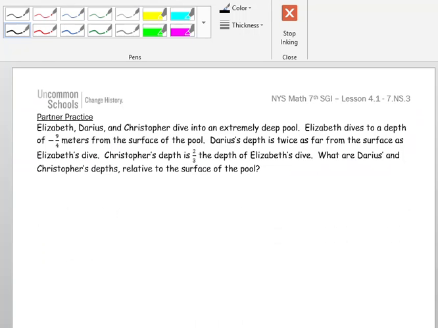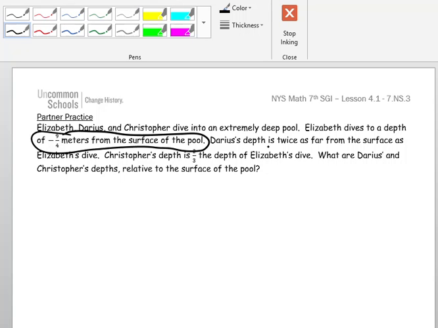Elizabeth dives to a depth of negative 9/4 meters from the surface of the pool, which is like 2 1/4 meters.